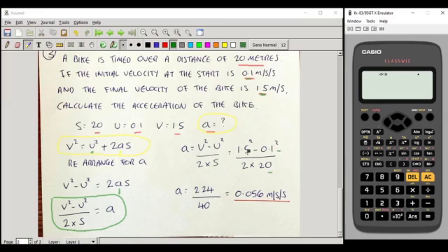So what I've done here is I've worked the top out. So I've done 1.5 squared, take away 0.1 squared equals 2.24, and then 2 times 20 is 40, so I've done 2.24 divided by 40.